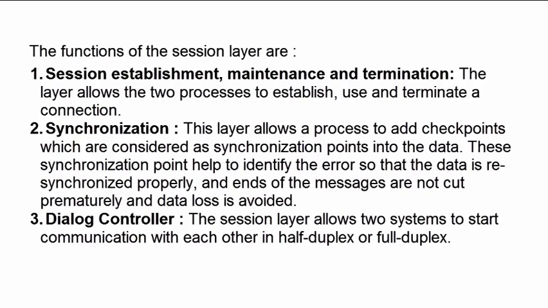Synchronization: this layer allows the process to add checkpoints, which are considered synchronization points, into the data. These synchronization points help to identify errors so that the data is resynchronized properly, the ends of messages are not cut prematurely, and data loss is avoided. Dialog controller: the session layer allows two systems to start communication with each other in half duplex or full duplex mode.